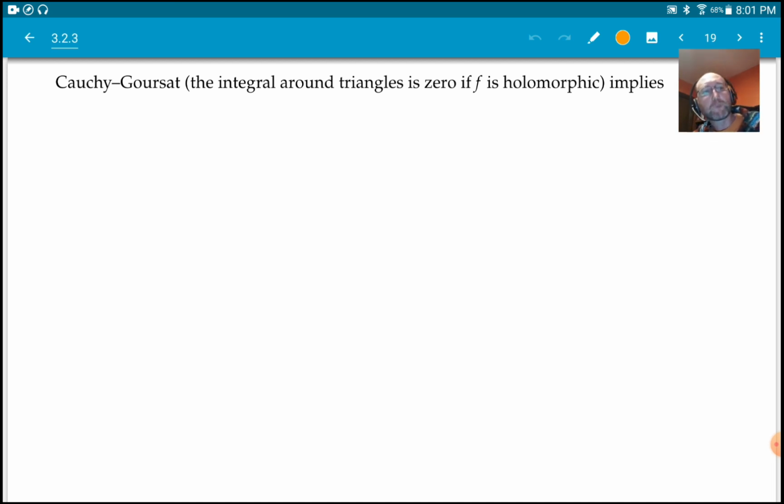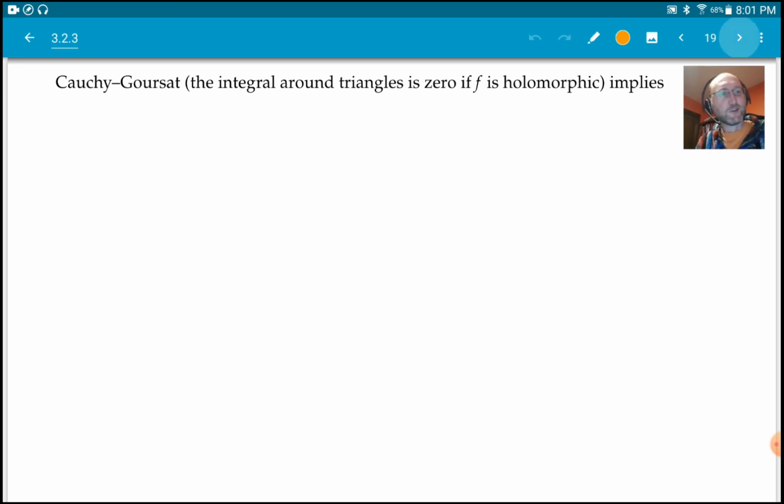Now, if we look at Cauchy-Goursat, which was that the integral around triangles for a holomorphic function is 0, so we take a holomorphic function and integrate it around a triangle, as long as that entire solid triangle is inside U, then we get 0.